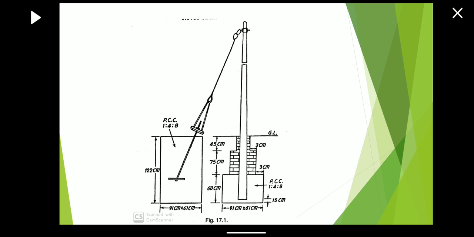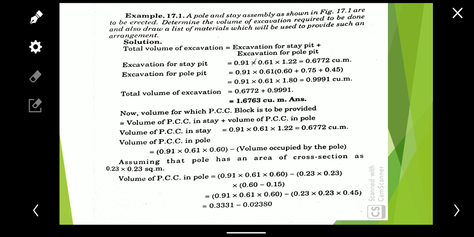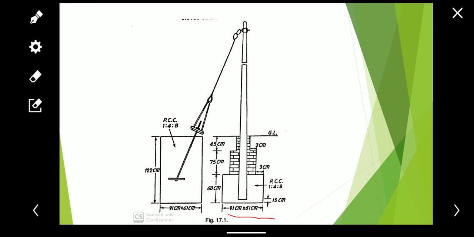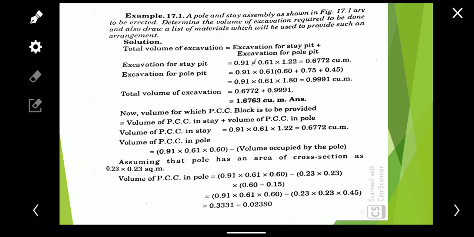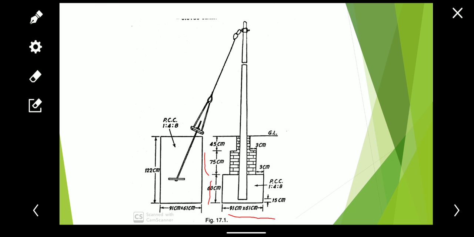It is already seen here, 0.91, which is 91 centimeters converted into meters, and this is the length and breadth. So 0.91 into 0.61 in bracket 0.60 plus 0.75, 0.60, this is 0.60, then this one 0.75 and 0.45, so 0.45 is this one.